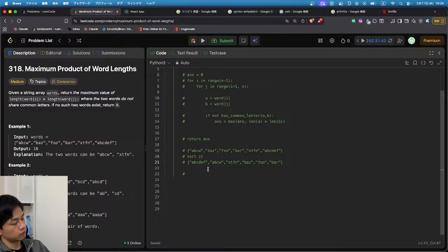A, B, C, D, E, F. So for example, in this case, this one is chosen and this one is chosen as the other words, because B is shared, F is shared, B is shared.